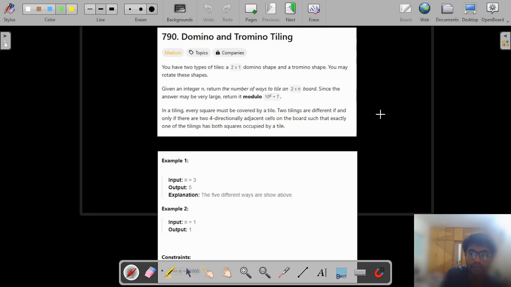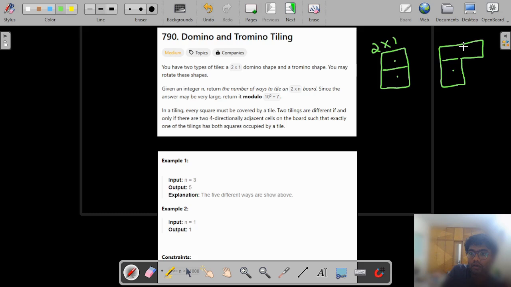Okay, so let's understand this problem. What does a domino mean? A domino can be of a 2x1 shape, and a tromino is of a shape either like this or like this.